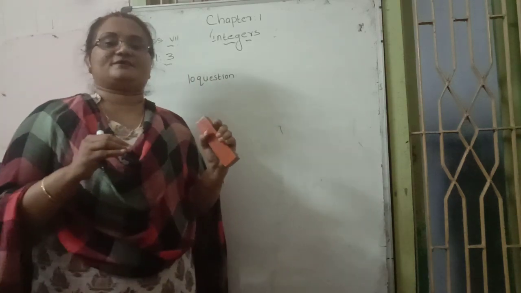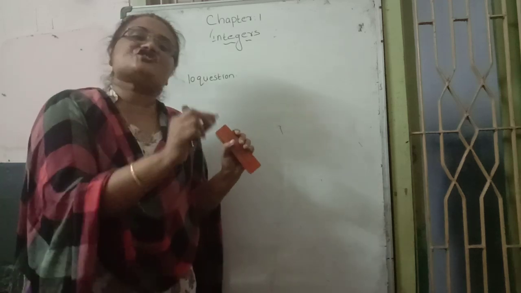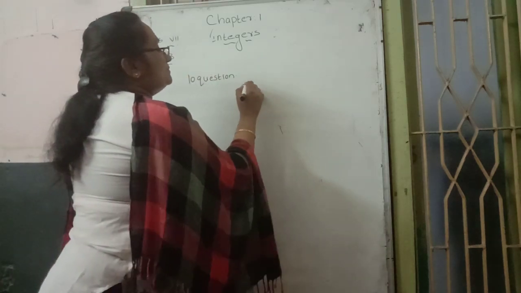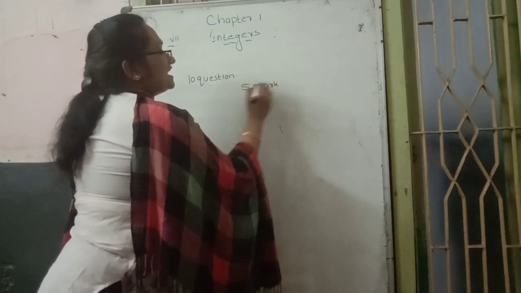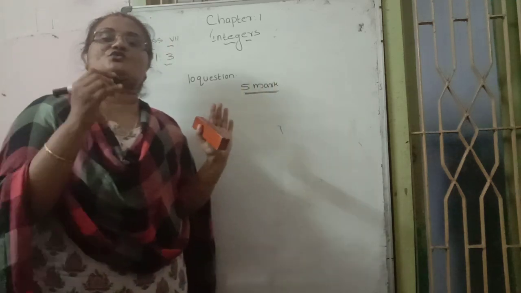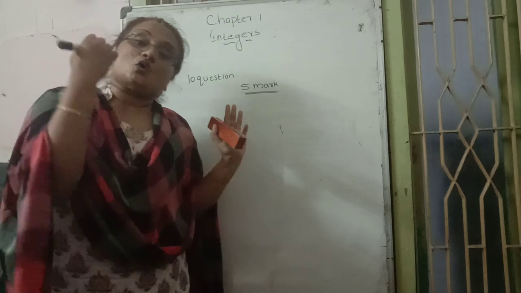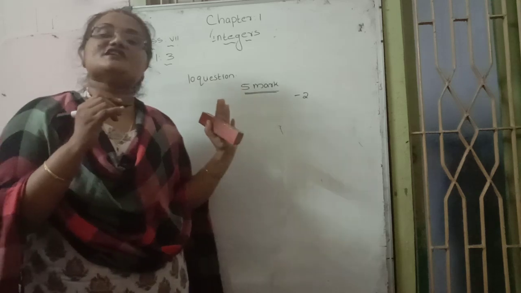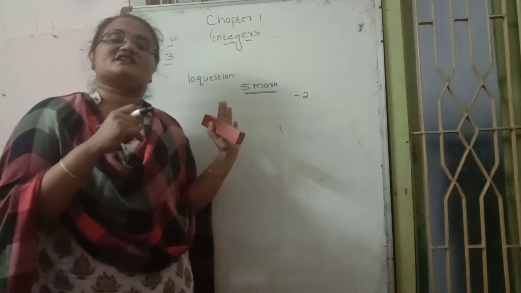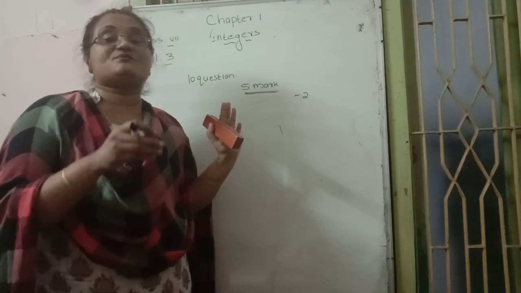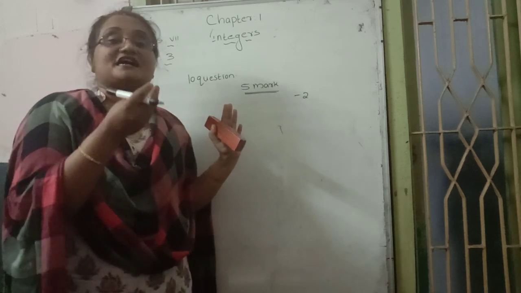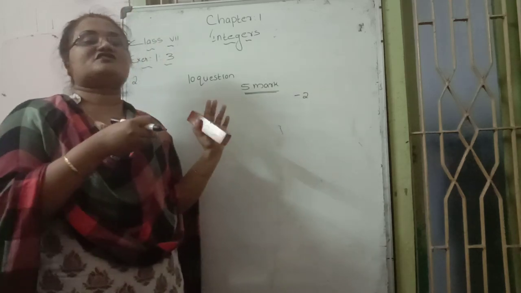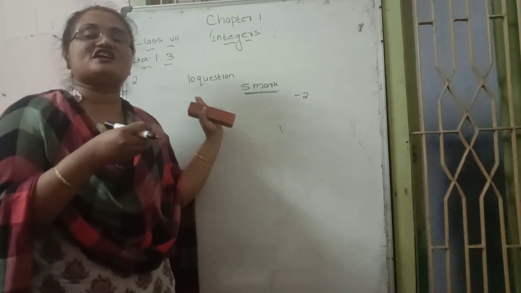For each correct answer they allotted 5 marks. For a wrong answer they allotted minus 2 marks. Usually when you write an exam, only the marks for correct questions are counted. But here, negative marks are also there. That's why they are asking this question.